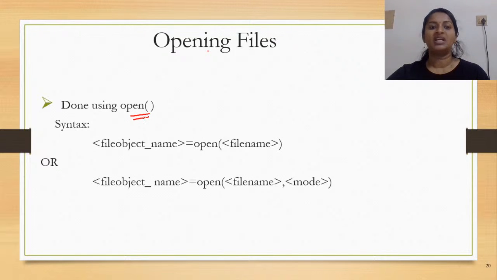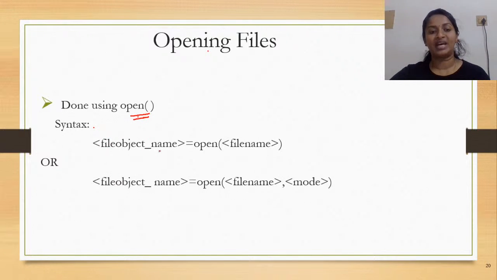Now, whenever we are learning a concept in a programming language, we need to learn the syntax also. What does the syntax say? The syntax says how to use it in your program. So see how to open a file.